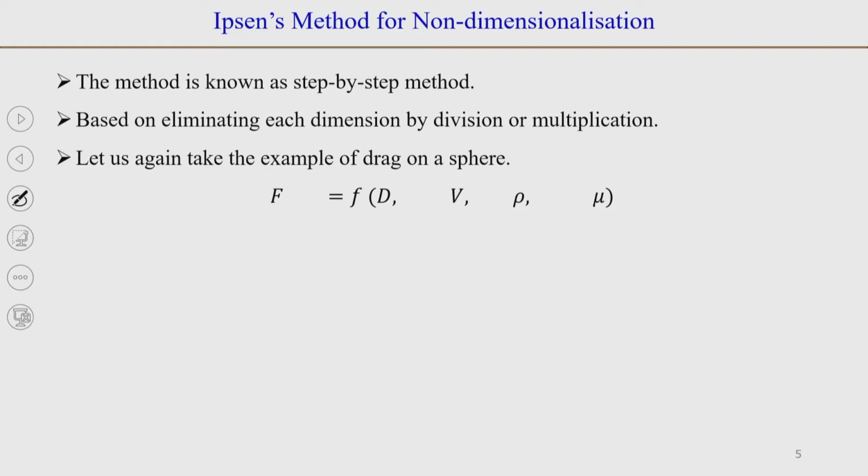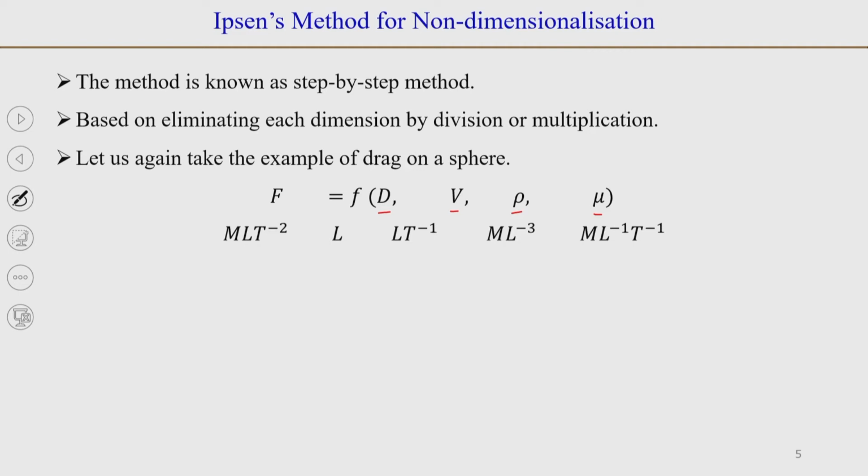that the drag force on a sphere is a function of the diameter of the sphere, the relative velocity between the fluid and the sphere, the density of fluid and the viscosity of fluid, and we write down the dimensions of these.